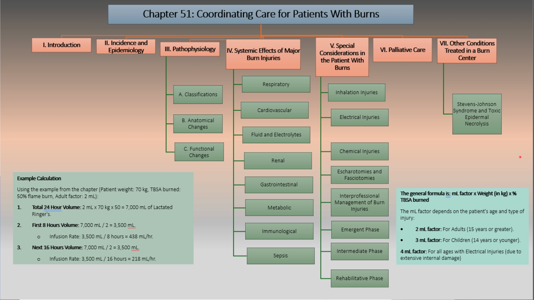So what do we know about the burns? Burns are classified by the cause of the injury, the depth of the tissue damage, and the total body surface area, TBSA, involved in the burn. Four categories are used to define the depth of skin and underlying tissue damage: superficial, superficial partial thickness, deep partial thickness, and full thickness.